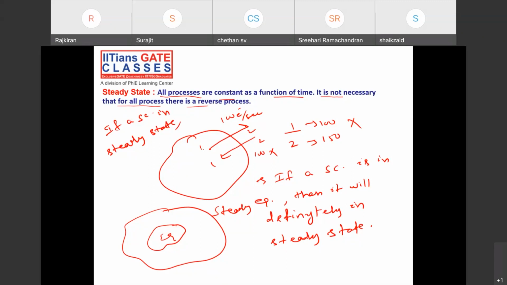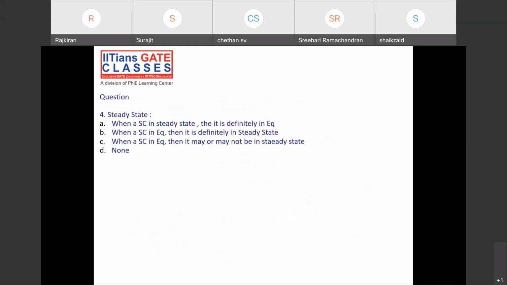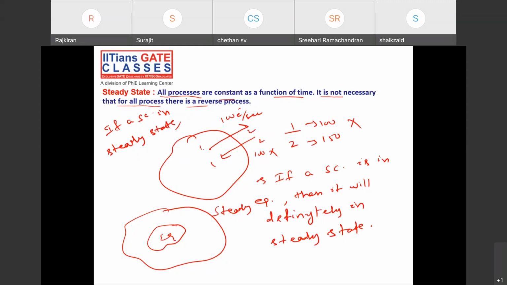When a semiconductor is in steady state, it may or may not be in equilibrium. If there is a reverse process, then it is in equilibrium; otherwise not. So I am making one strong statement: whenever equilibrium is there, then definitely it is in steady state, but the reverse is not true. Clear? This is a very important point.